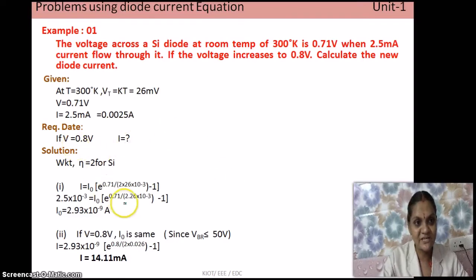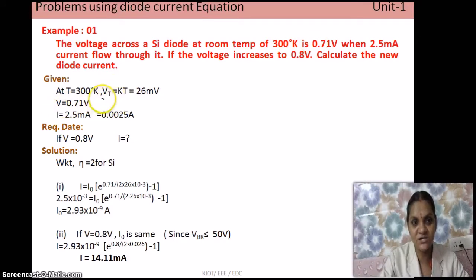Right. So the first example: the voltage across a silicon diode at a room temperature of 300 degree Kelvin is 0.71 volt. So the temperature is given. For the given data, we have written temperature T equal to 300 Kelvin, and voltage Vt. Why am I representing this as Vt?